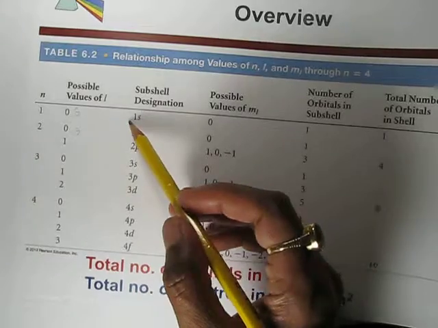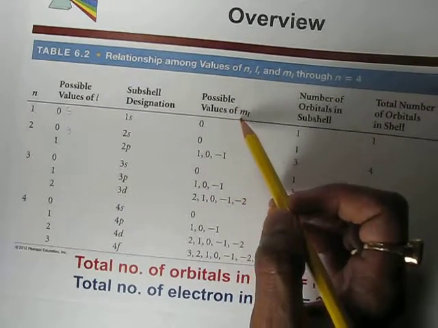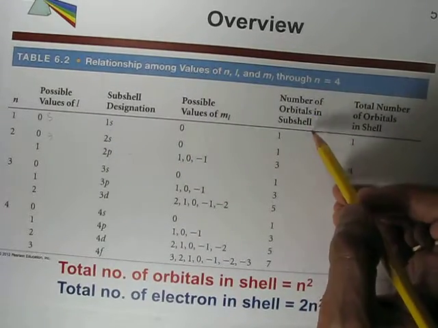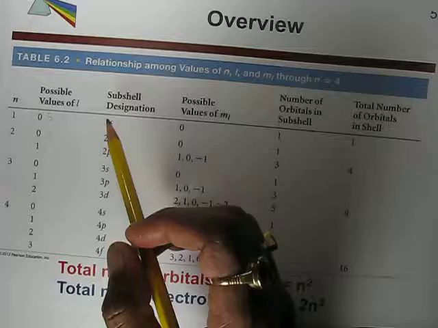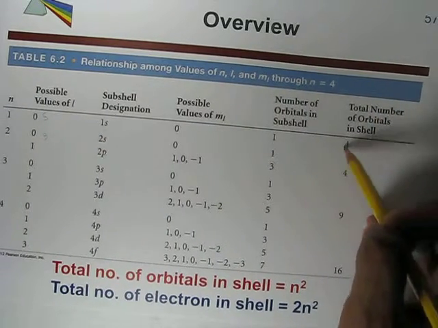So we can write 1s, and then the possible ml value will also be 0. So the number of orbitals in the shell will be 1, and the total number of orbitals in the shell will be 1.